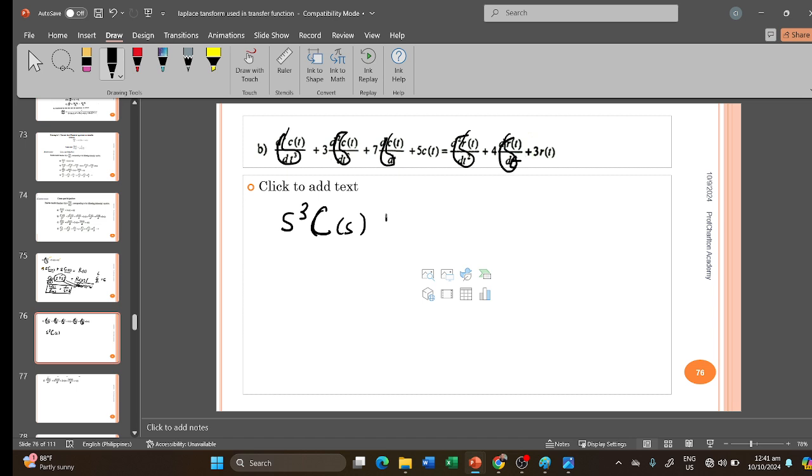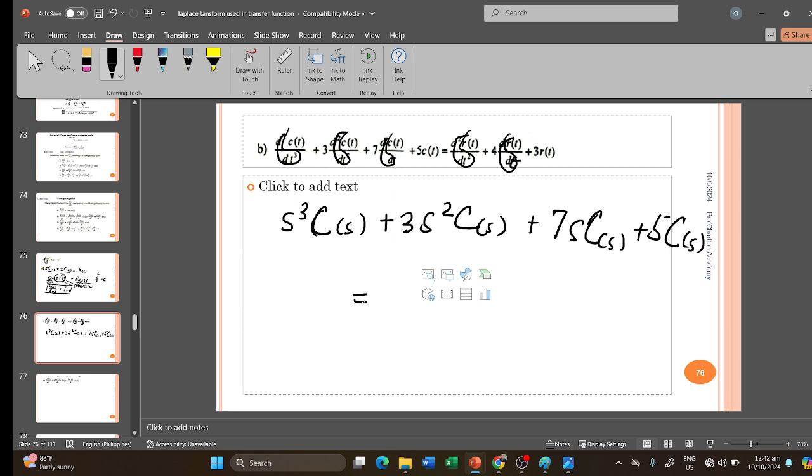Then here, there's a constant, so 3 S squared, then capital C, then we put the Laplace operator S. Then here is 7, that is a constant, you just retain the constant. Then d over dt is S, then this is C, and then Laplace operator S. Then 5 is the constant. We make the C capital and then the S.